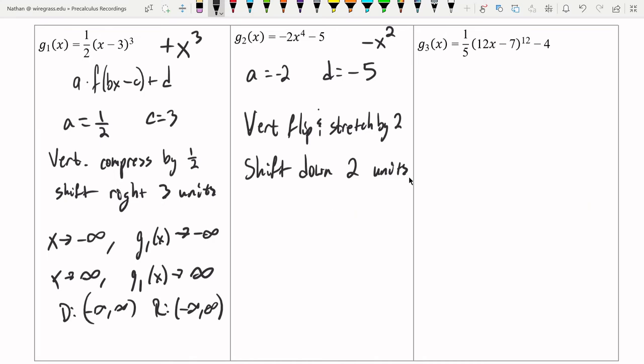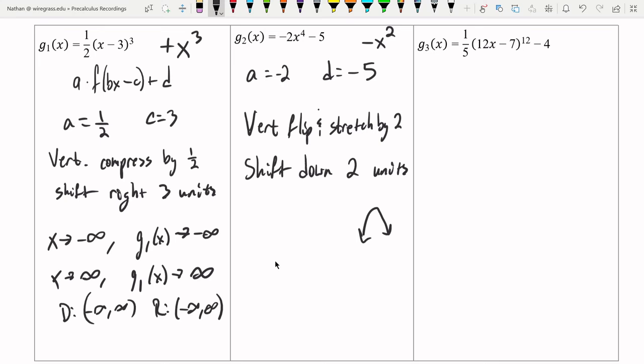Okay, it follows negative x squared behavior. So imagine x squared. X squared looks like this. Negative x squared then is flipped. So this becomes flipped like that. So this is kind of what the graph looks like. It doesn't look exactly like that, but you get the idea.